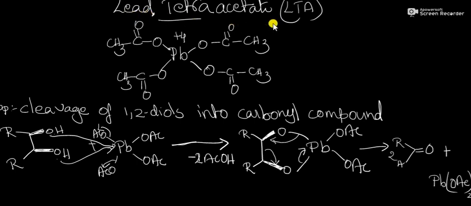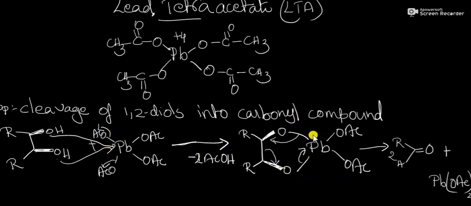Another oxidizing agent is lead tetraacetate, or LTA. This is the structure of lead tetraacetate. What are the important applications of LTA? The first one is cleavage of 1,2-diols into carbonyl compounds. Same as HIO4, it will cleave the C-C bond and convert it into this product by the elimination of 2 moles of acetic acid.